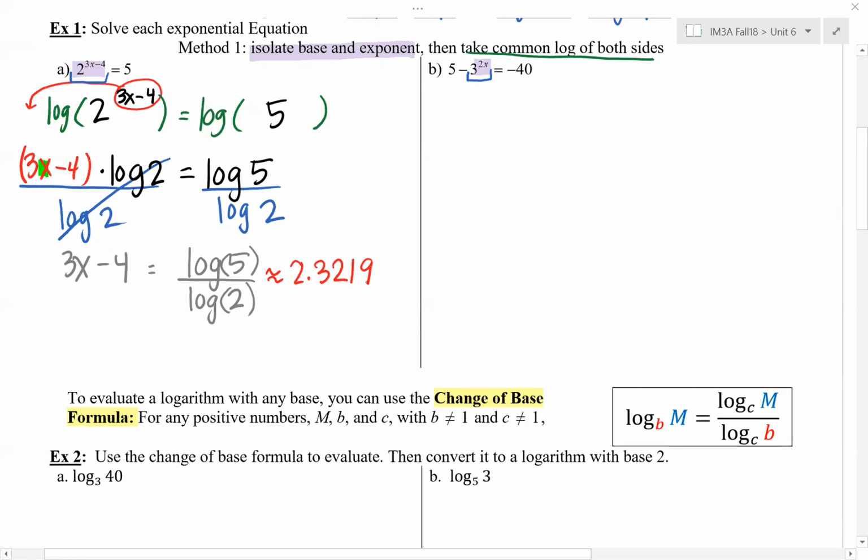And so now I want to get my x by itself. So I've got 3x minus 4 is about 2.3219. I'm just going to rewrite this as a single line. So to get the x by itself, I want to add the 4. So I now have 3x is about 6.3219.